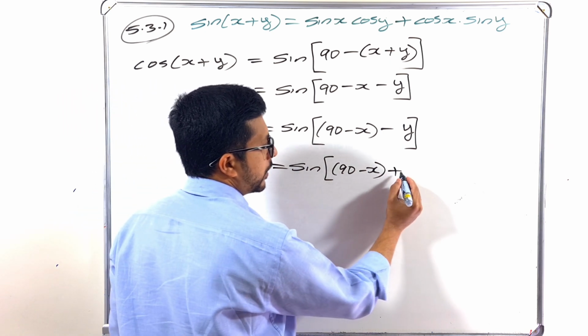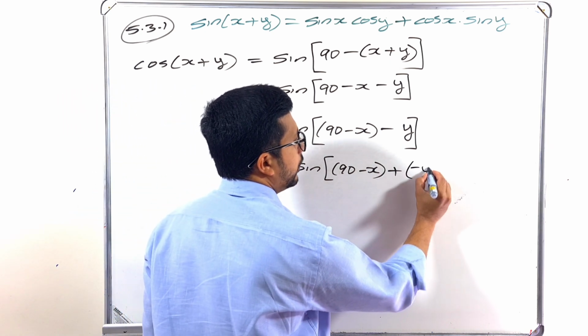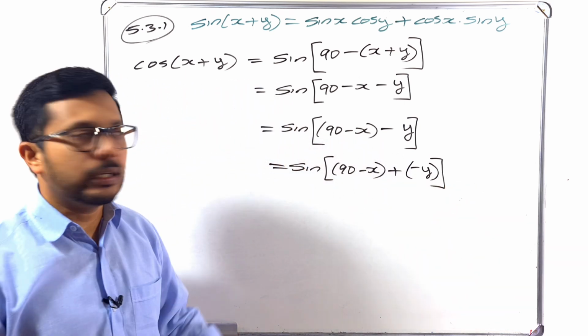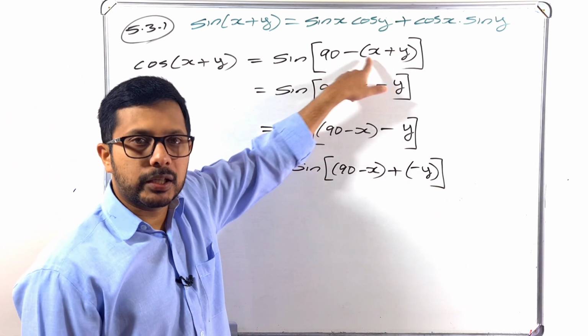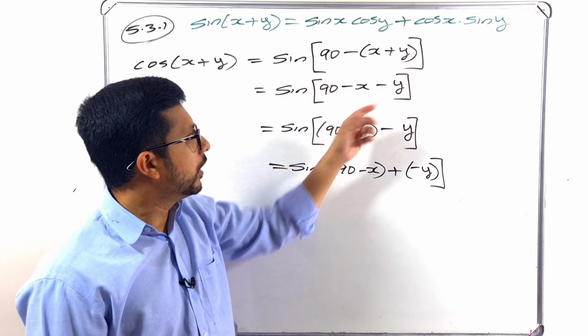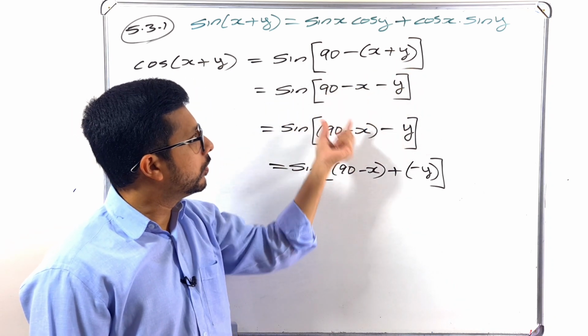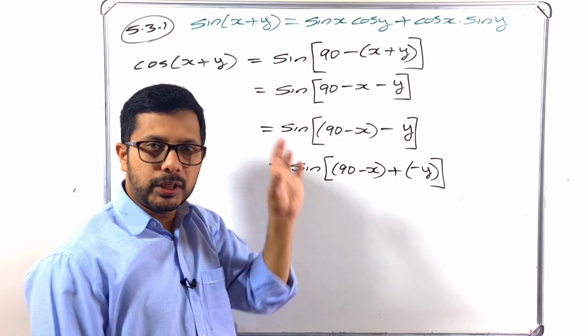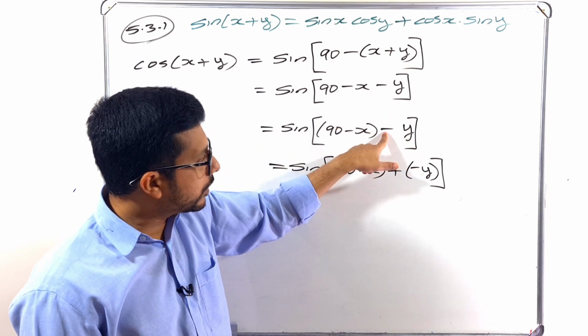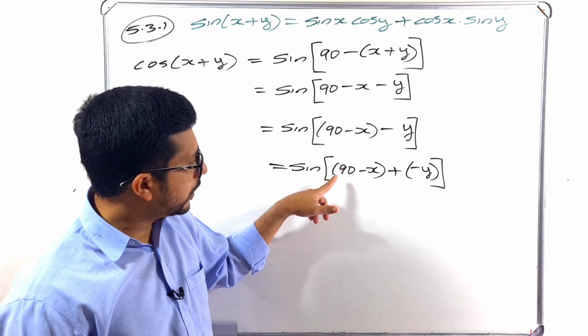Sine of 90 minus x plus then minus y, because we are told to use this formula, where it is x plus y. Listen once more, it's a simple thing. First I expand this bracket: minus into x is minus x, minus into y is minus y. Then I combine 90 minus x as one term, then this minus y.